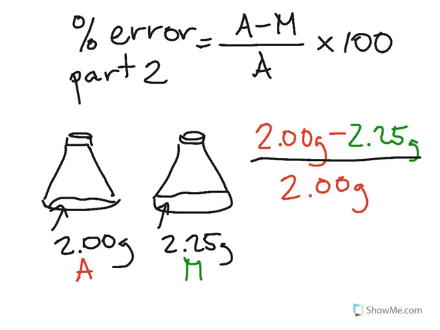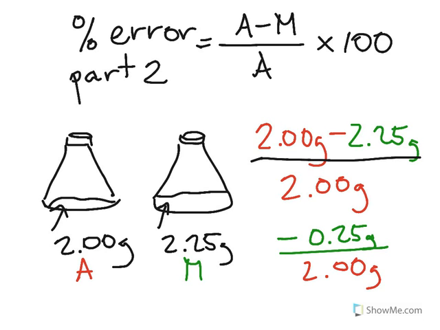And then what we would do is multiply that times 100. So with our calculations right here, we'll note that this value ends up becoming a negative 0.25 grams in the numerator. And then what we do is we divide that by the 2.00 grams, and then multiply that by 100.